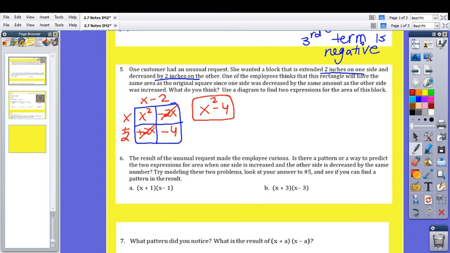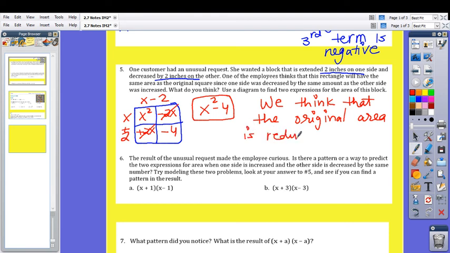It's different. So our observation is that we think the original area is reduced by 4 units, which is not the same as x squared, okay.